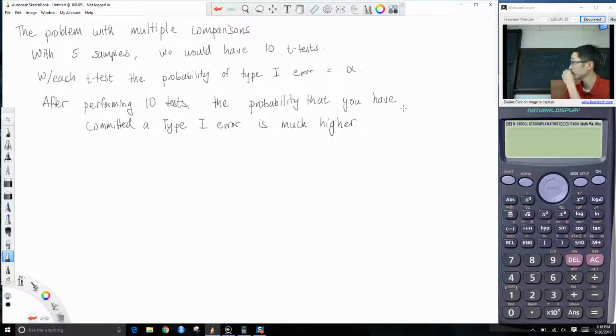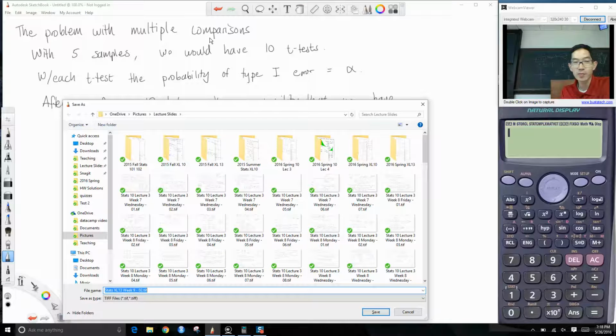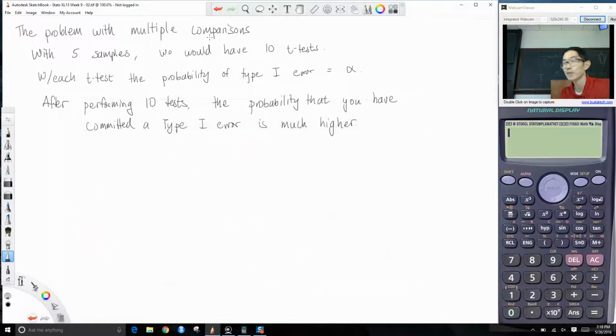This is a problem that just exists in statistics. We haven't really found a solution to avoid this. It is called the problem of multiple comparisons. After performing lots of these t-tests, the risk is much higher.